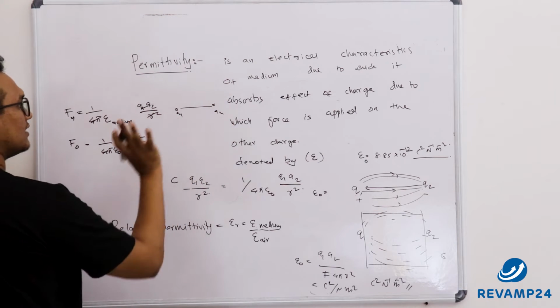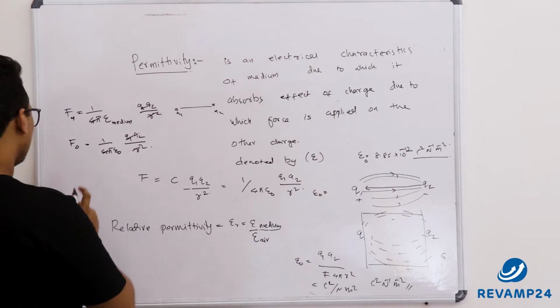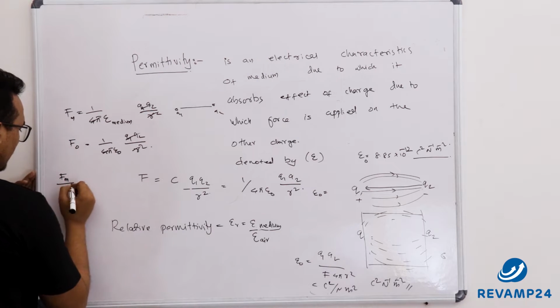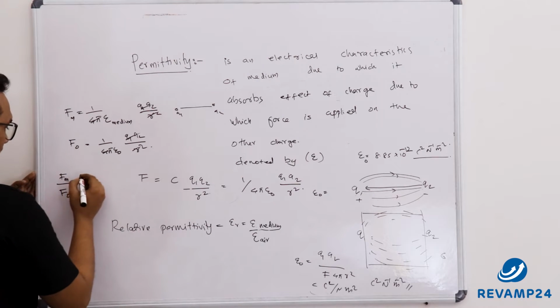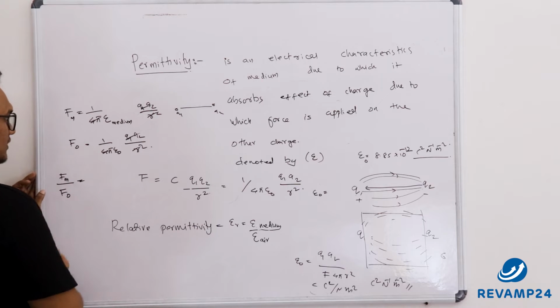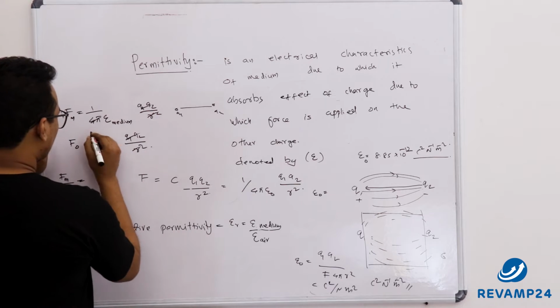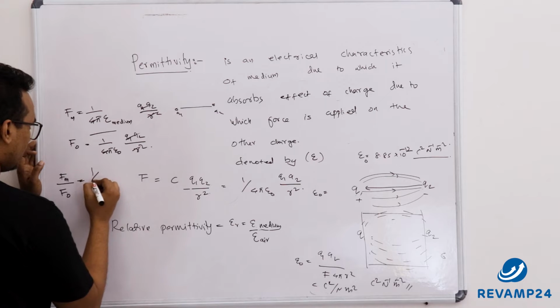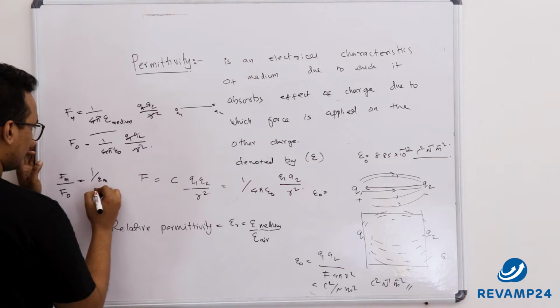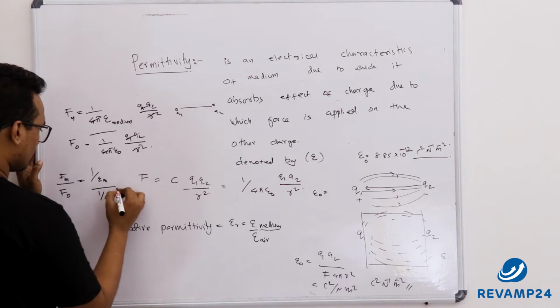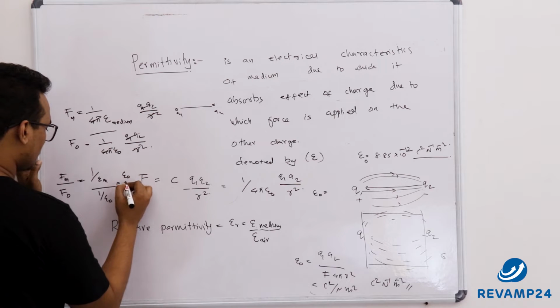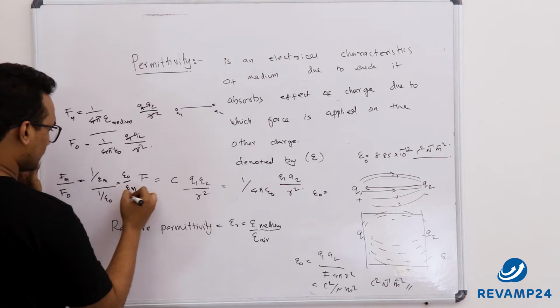Only the change here is that the medium has changed. So force in medium divided by force in air or free space is equal to this epsilon, so this divided by this. So 1 by epsilon medium divided by 1 by epsilon 0. So this will become epsilon 0 divided by epsilon m.